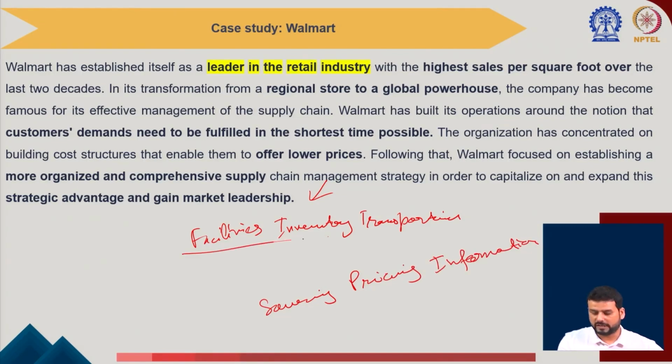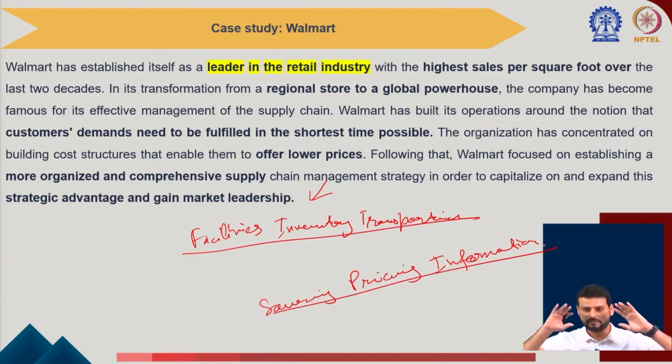I just want to elaborate on each of these 6 drivers, how Walmart, a leading giant in the industry with the highest sales per square foot, is handling all those 6 drivers and how they are coming up with the supply chain strategy.